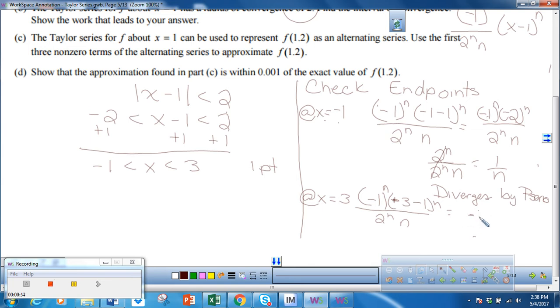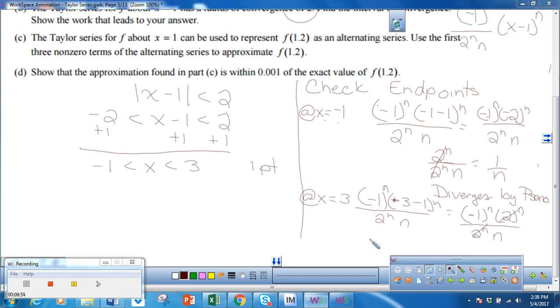So that's negative 1 to the nth times 2 to the nth over 2 to the nth n. Well, now these two cancel, but this becomes an alternating series. So now I have negative 1 to the nth over n. And this converges by the alternating series test. Because it's alternating, the terms are decreasing, so I can say it converges by the alternating series test.